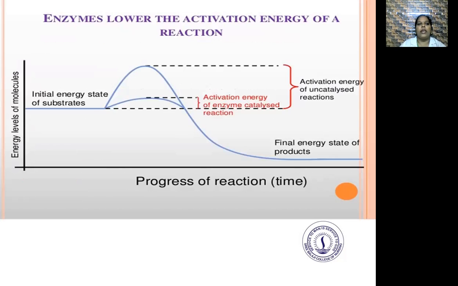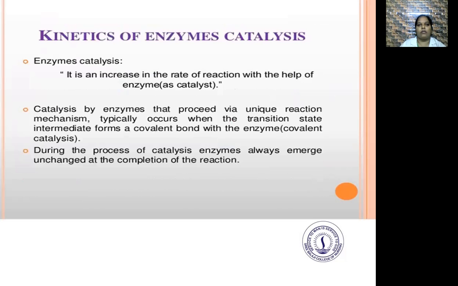So this is the energy level of molecules in the reaction which is seen. The kinetics of enzyme catalysis. Enzyme catalysis is an increase in the rate of reaction with the help of an enzyme as catalyst.